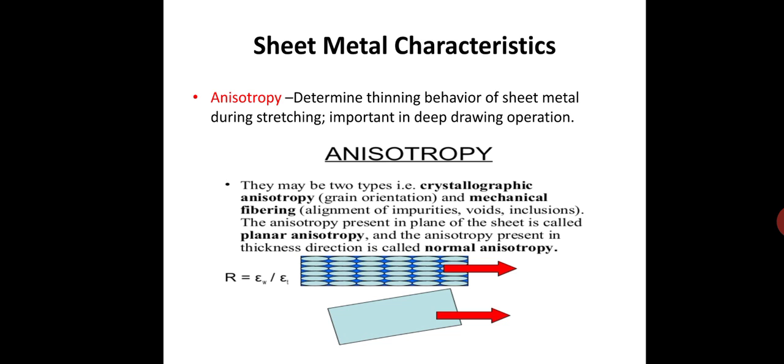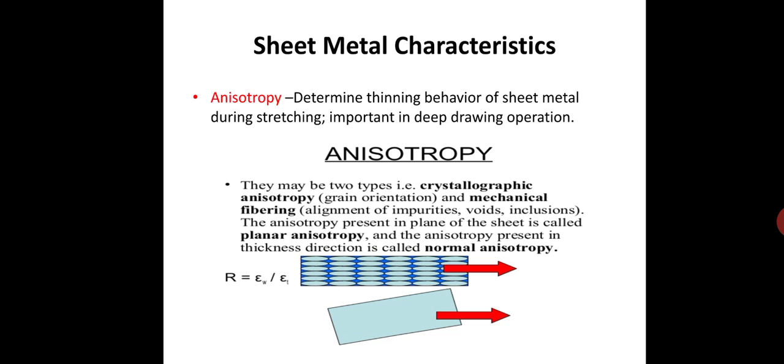The next characteristic of sheet metal is anisotropy. It determines the thinning behavior of sheet metal during stretching, important in deep drawing operations.